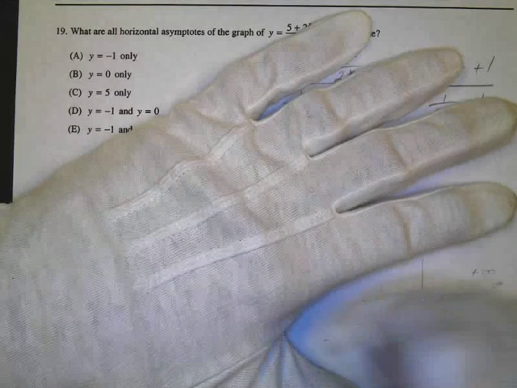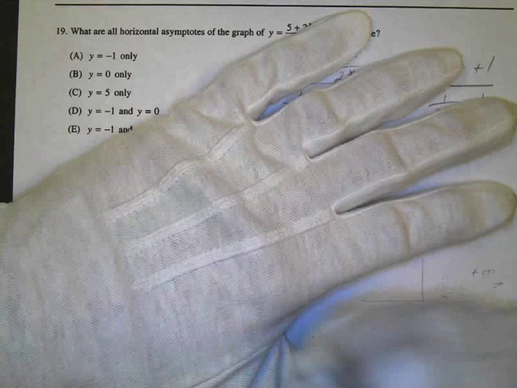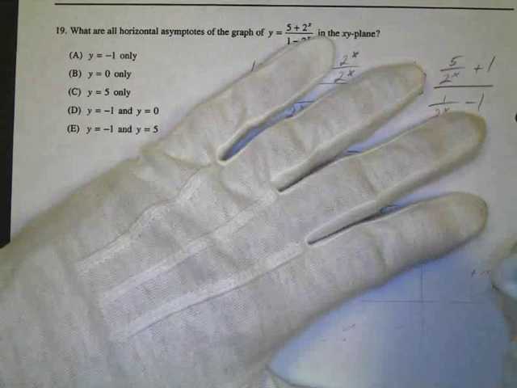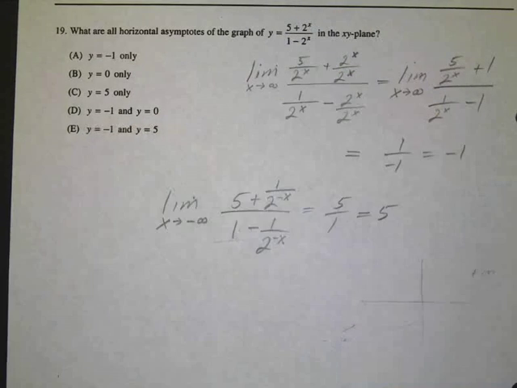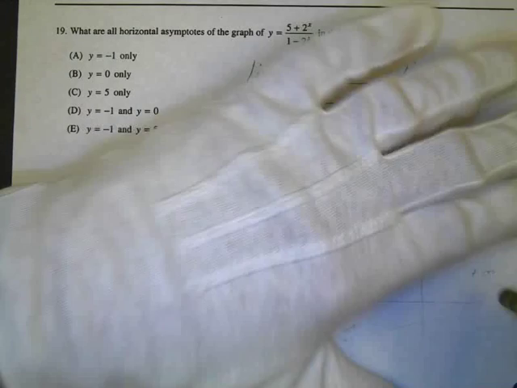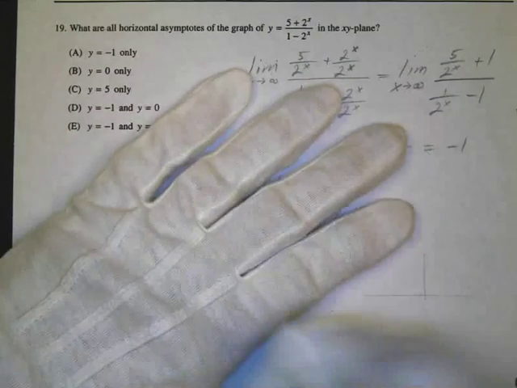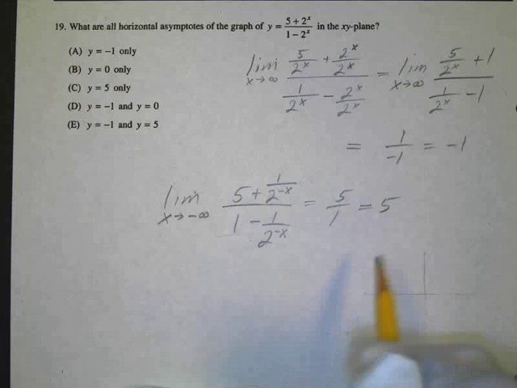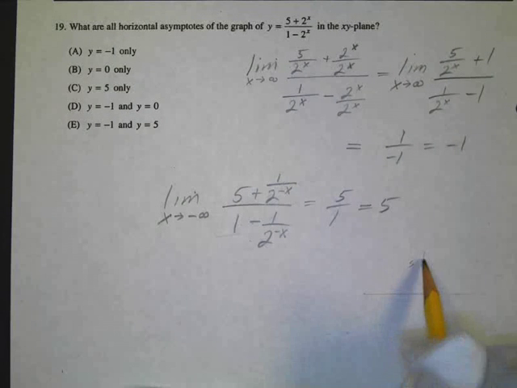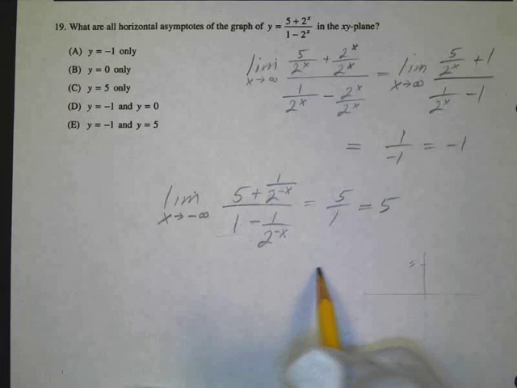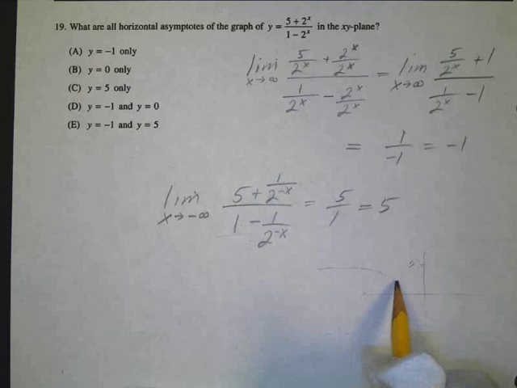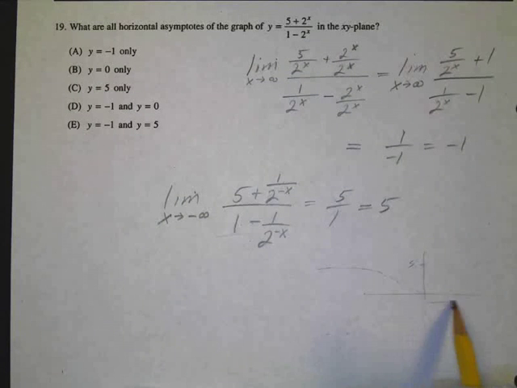If we take a look at it, it's going to look something more like this. As x approaches negative infinity, it's going to go towards 5, and as x approaches positive infinity, it's going to go towards negative 1.